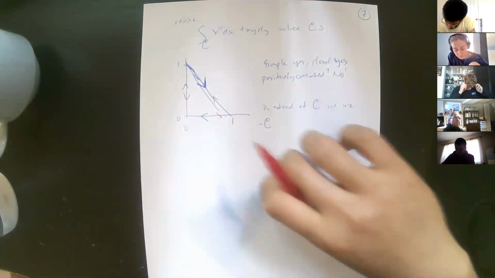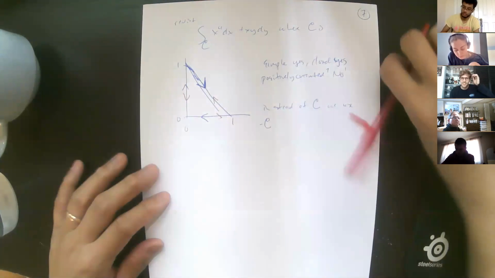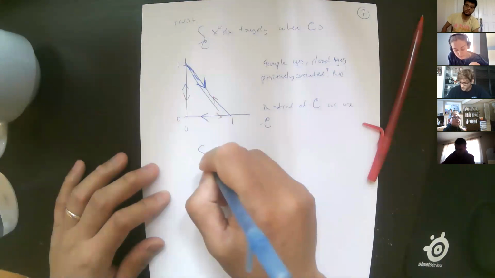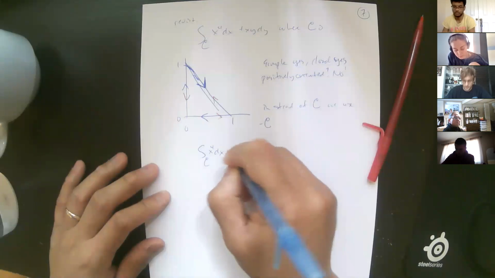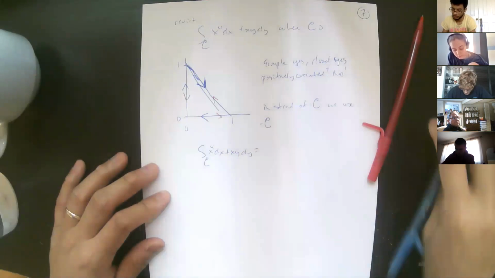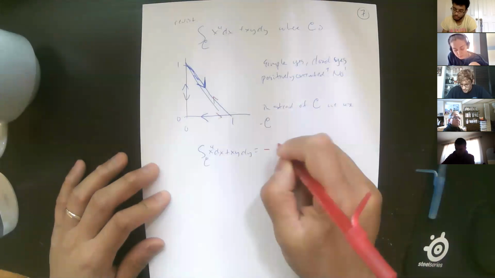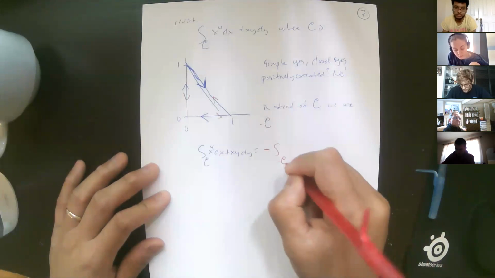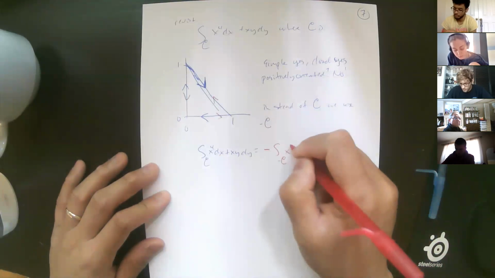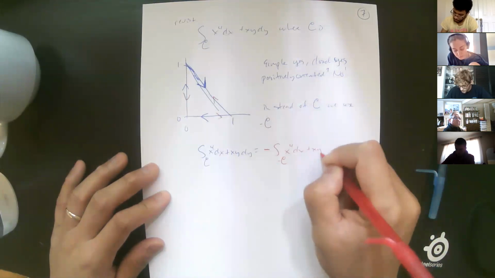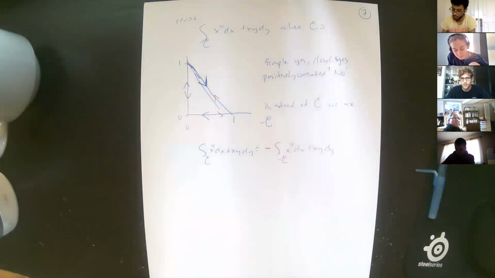And so this integral, the integral over C of x to the 4th dx plus xy dy, is equal to negative the integral over minus C of x to the 4th dx plus xy dy. When I change the direction in which I go, I just get a negative sign.